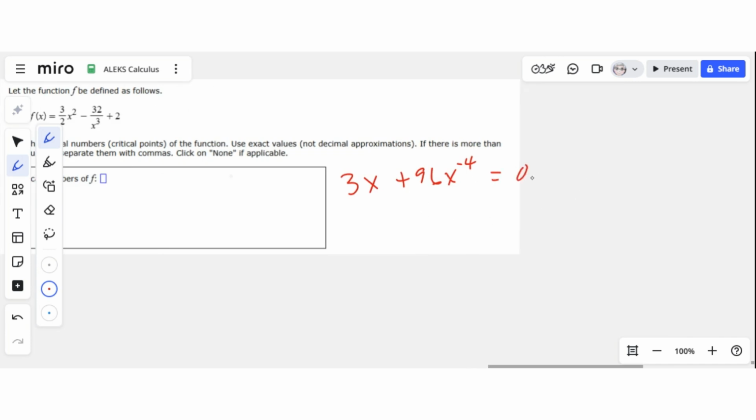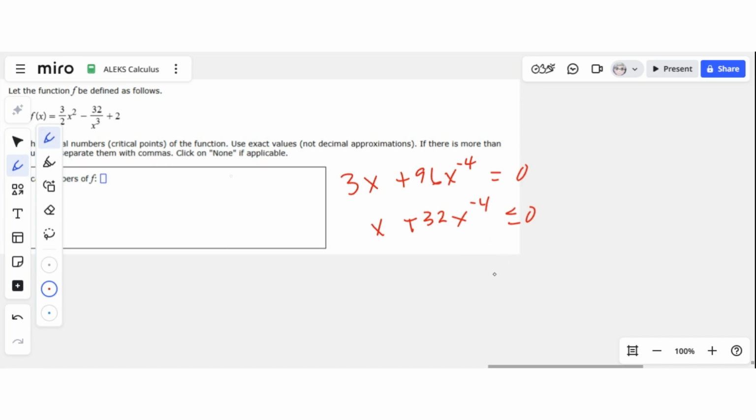All right, so there's our derivative. We're going to set that equal to 0. Let's see what we can do here. I guess we can divide everything by 3. So I would have x plus 32 x to the -4th. And I guess I don't really want to deal with that x to the -4th.